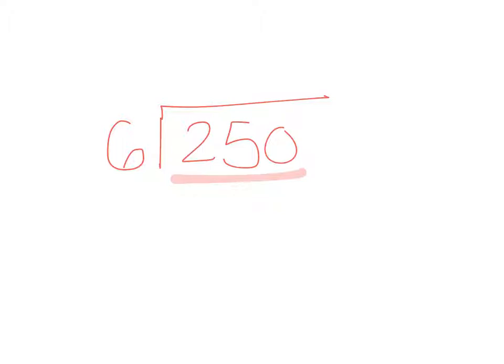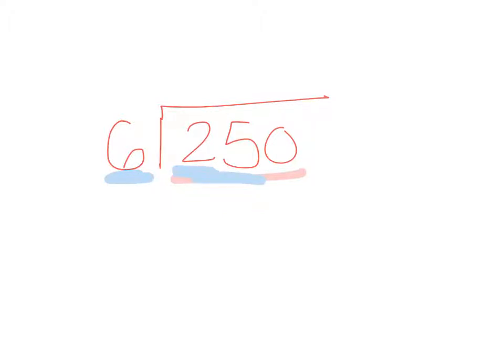So, when we are looking at this problem, our first number that we see in our dividend in the hundreds place is a 2. Now, if this number is smaller than our divisor, we know that we cannot divide it, meaning we cannot make 6 groups out of only 2. So then we need to move on to our tens place.